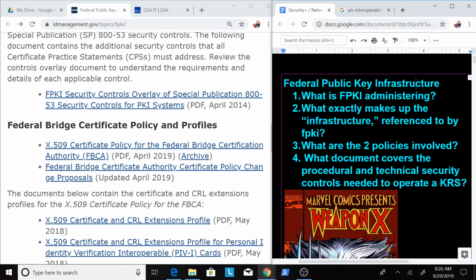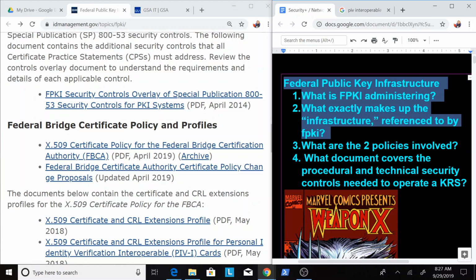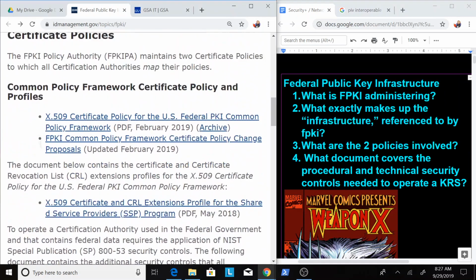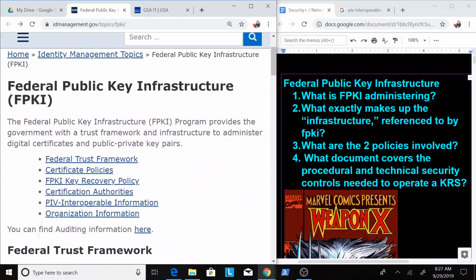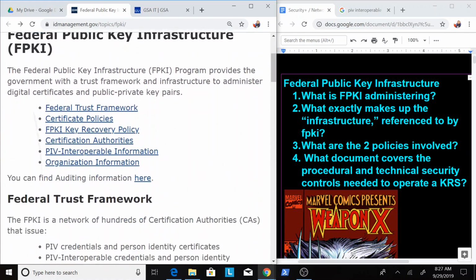To review what we've studied, there is something called FPKI, Federal Public Key Infrastructure, administering 2 types of things. We learned exactly what infrastructure is. There are 2 policies involved, and if we scroll through, they just kept breaking those 2 types of policies up in each section.